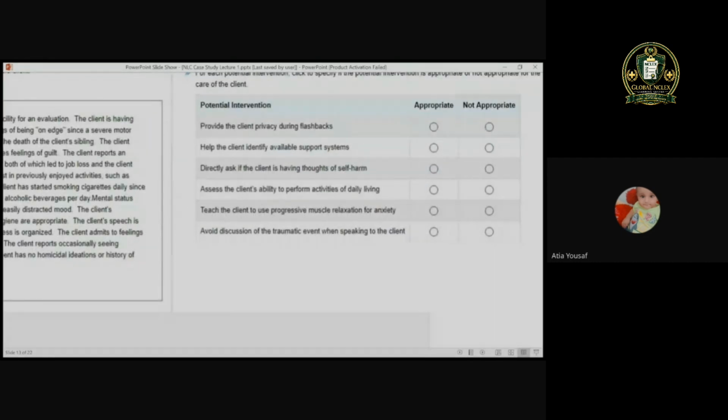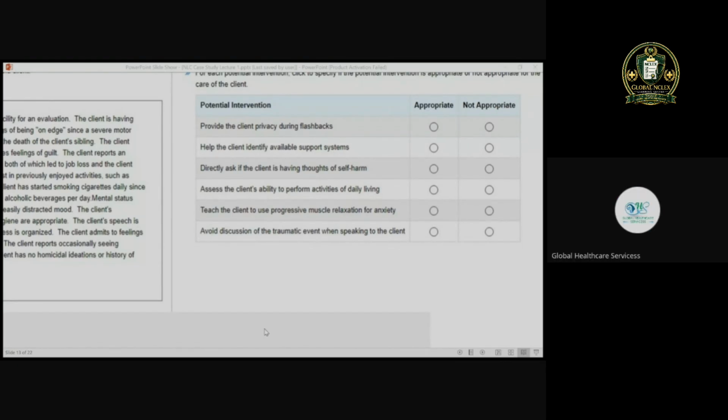Privacy is the right of the patient. Okay, please explain. Ma'am, in this type of patient, if we don't provide privacy, they do not give us more information for gathering data.